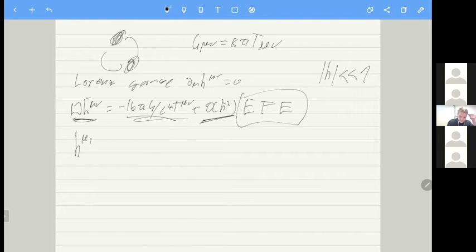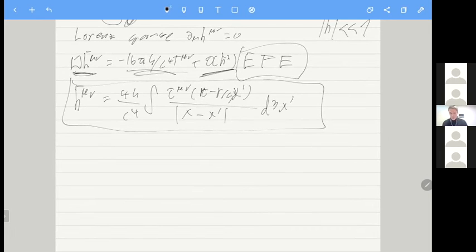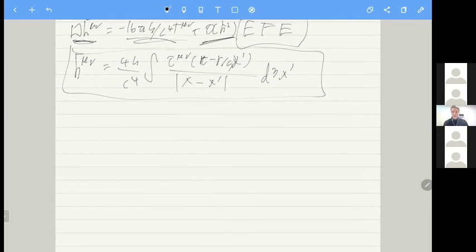They can solve this and get the following solution. This doesn't say much to most people, but what I want to say is that everything here is just manipulating the Einstein field equations. Nothing particularly impressive is needed.